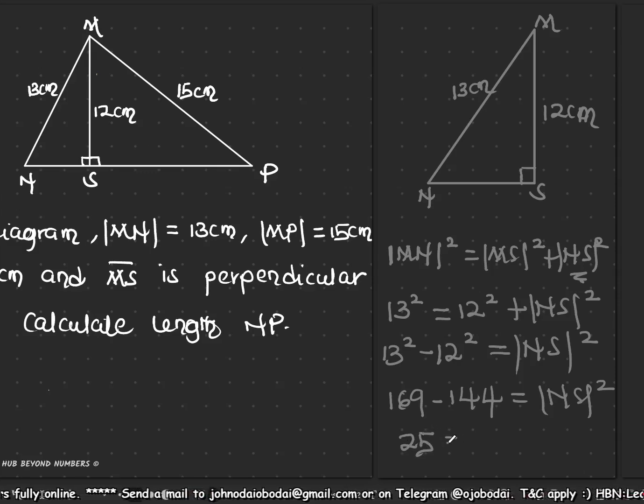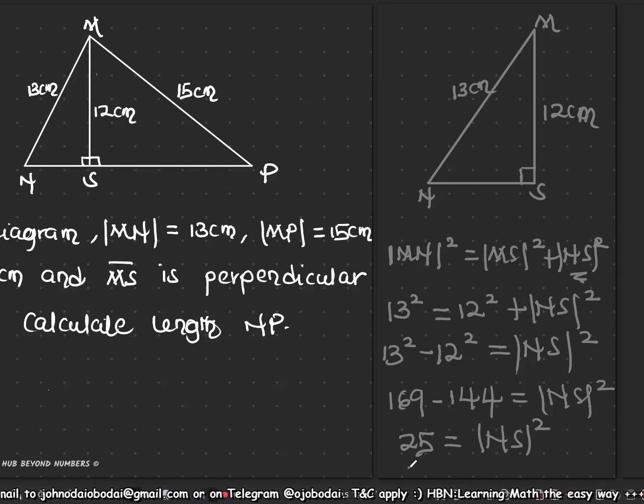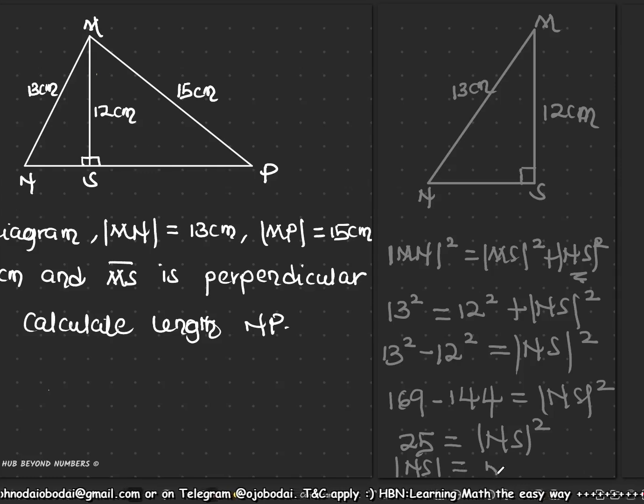So NS squared is equal to 25, and we know the number whose square is 25. You can find the square root and simply say NS is 5 centimeters, because 5 squared gives us 25.